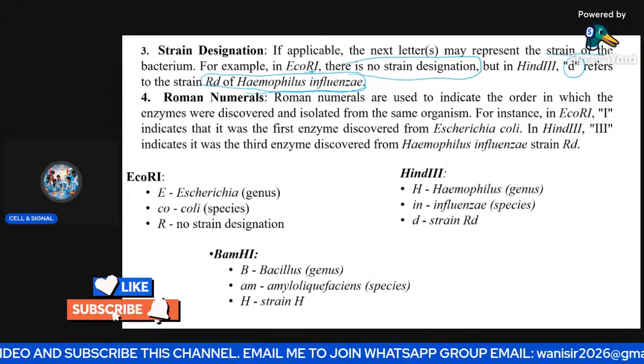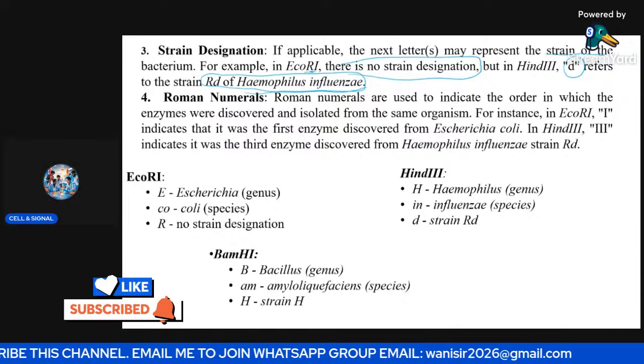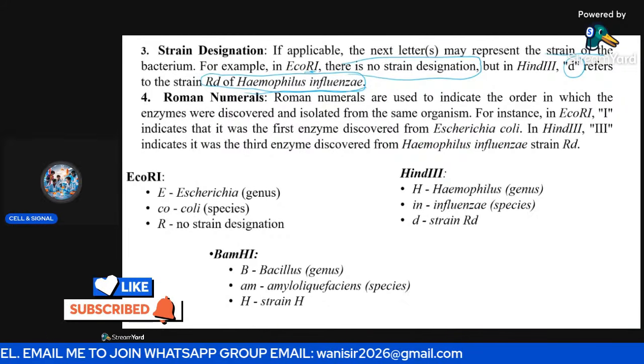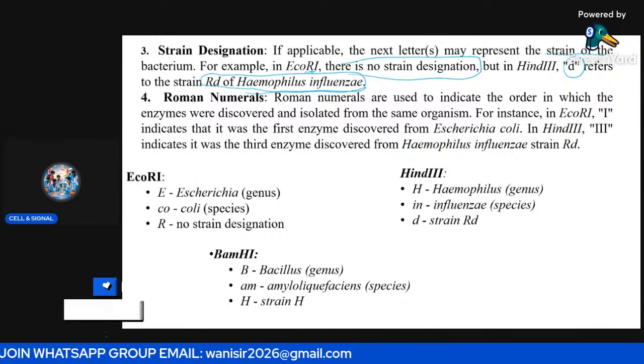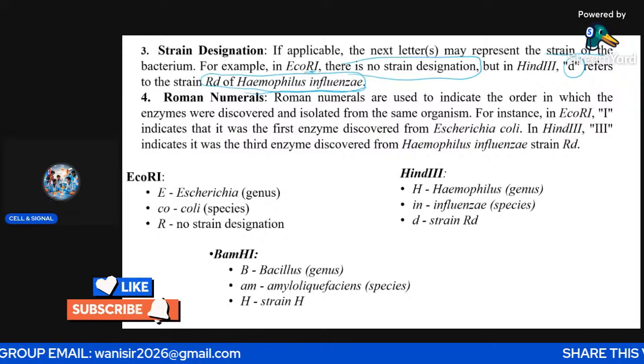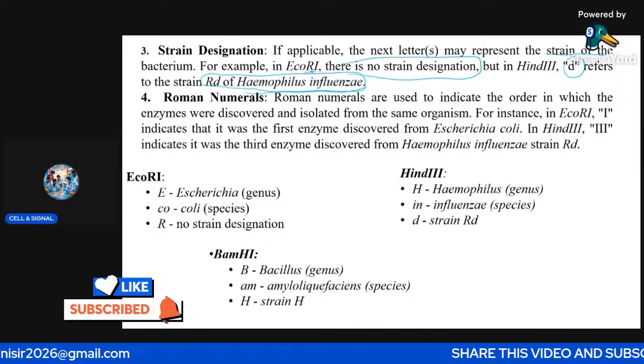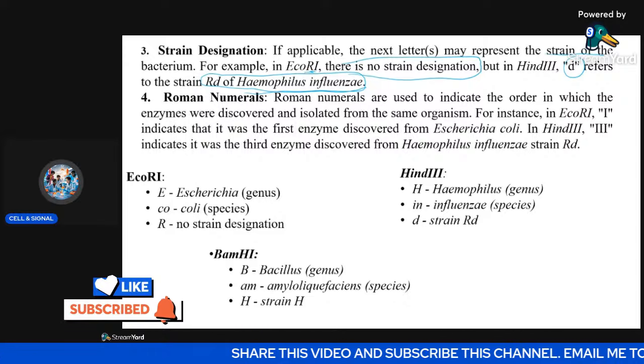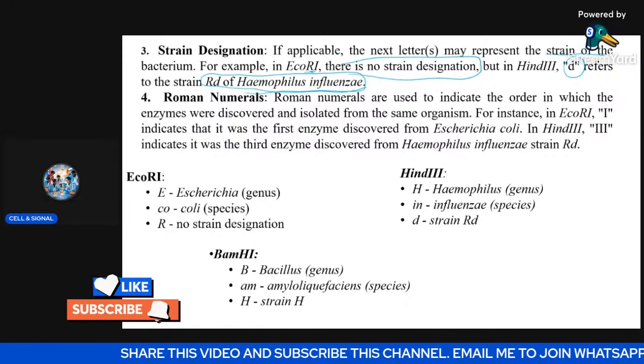Now there is a Roman numeral, like the I in EcoRI and BamHI. What is this Roman numeral? Roman numbers are used to indicate the order in which the enzymes were discovered. This is the first enzyme that was isolated.